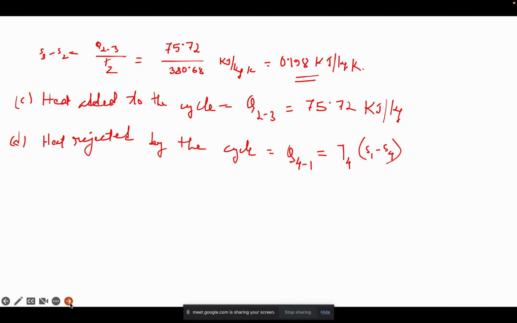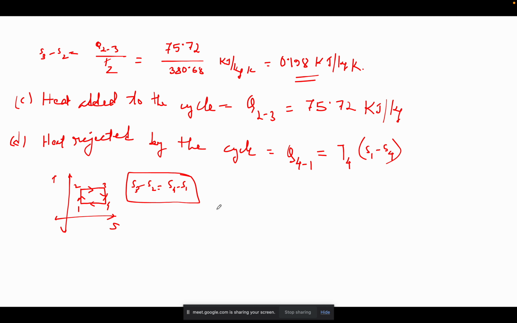Why? Let me draw it once again. From the TS diagram of the Carnot cycle, it is clear, if this is 1, this is 2, this is 3, and this is 4, that S3 minus S2 is nothing but S4 minus S1, for a Carnot cycle.